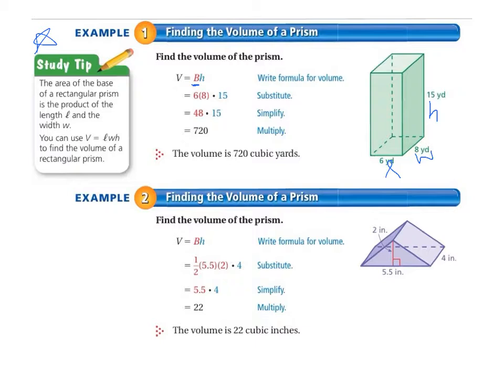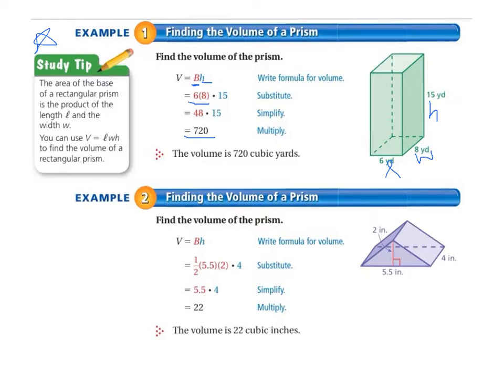So 6 times 8, which we see here. And then our h, which is height, which we've labeled. So we multiply that by 15. So 48 times 15, and we multiply that and we get 720. So the volume is 720 cubic yards.